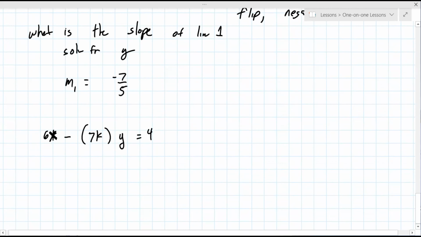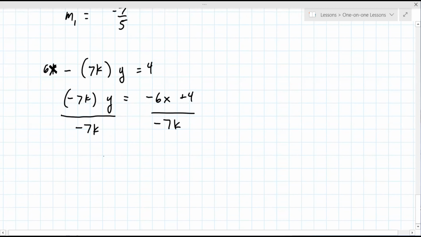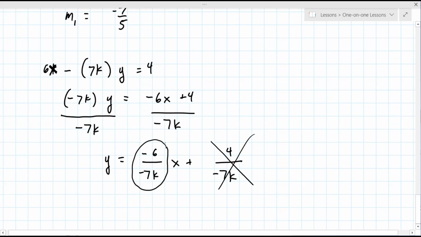So if you write -7k y equals -6x plus 4, and then divide both sides by -7k, you get y equals -6 over -7k times x plus 4 over -7k. This part on the right is irrelevant; you don't need any of that. This is what you need right here. So the slope of line 2 is 6 over 7k, because the negatives cancel.